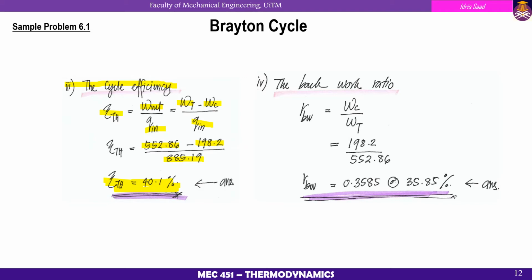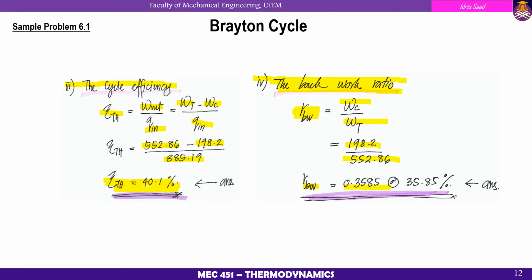And finally, we can calculate the back work ratio. The formula that we know is back work ratio is equal to work compressor divided by work turbine. So this is equal to 198.2 divided by 552.86. So we get the back work ratio is equal to 0.3585.